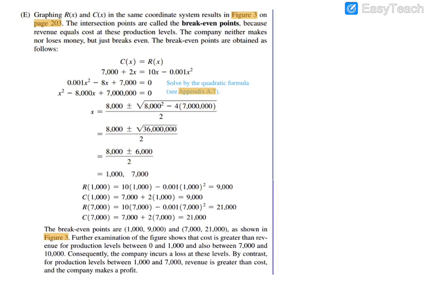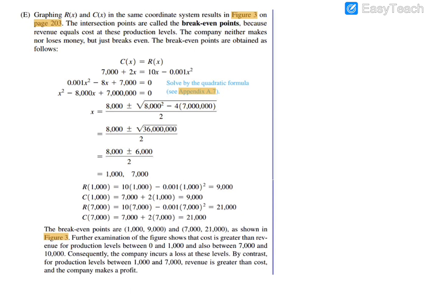The intersection point of the revenue and the cost is called the break-even point, because revenue equals cost at this production level. So the company neither makes profit nor loses money, but just breaks even.